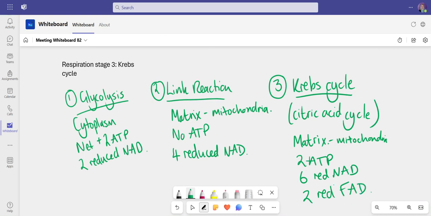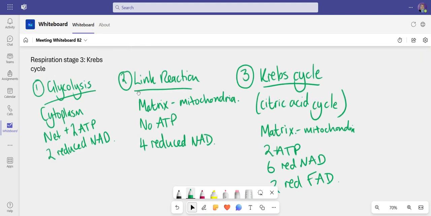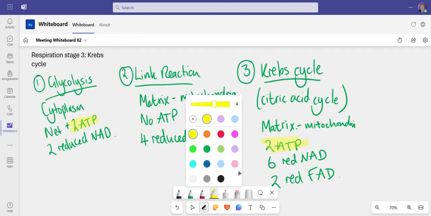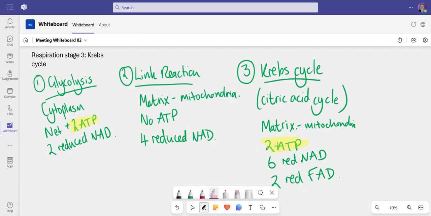Okay, so that's our kind of running total. Now, don't forget the point of what we're doing. So the first purpose of what we're doing is we're trying to produce ATP. So we've made a little bit of ATP there, we made a little bit of ATP there, but we're going to make lots of ATP in stage 4. The other purpose of what we've been doing in these early stages is giving our hydrogens to our coenzymes to carry to stage 4.